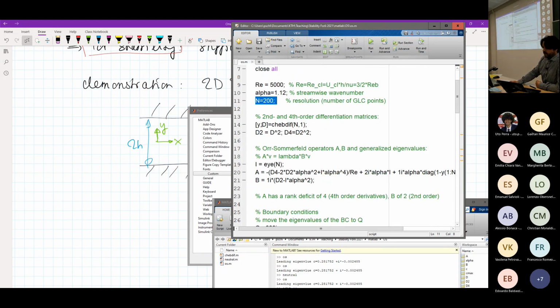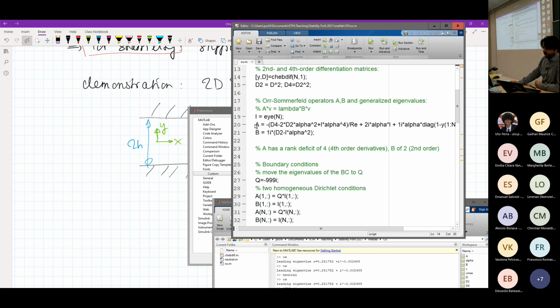Then I define my D matrix. So in a discrete sense, the D operator will become a matrix. Since this is not a course in numerics, we don't need to really talk about how we do it, but just keep in mind that we now formulate this D operator, the derivative operator, as a matrix. Then, of course, I make a D squared for the second derivative, and the D to the 4 for the fourth derivative.